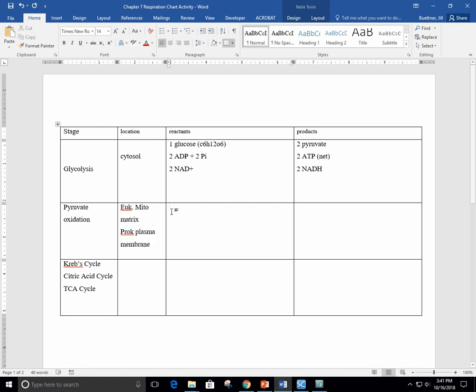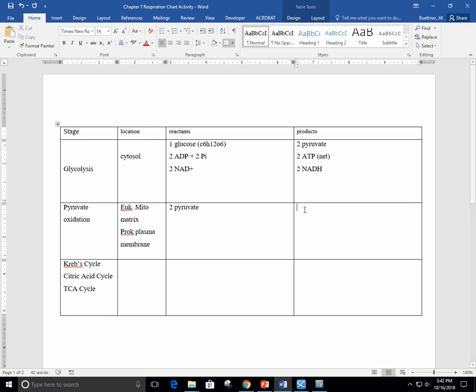Now, remember that the carbon compound products of glycolysis are going to carry on and become the reactants for pyruvate oxidation. So the 2 pyruvate will become reactants.